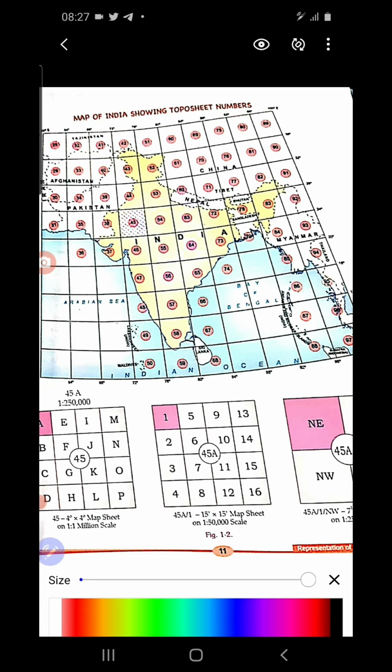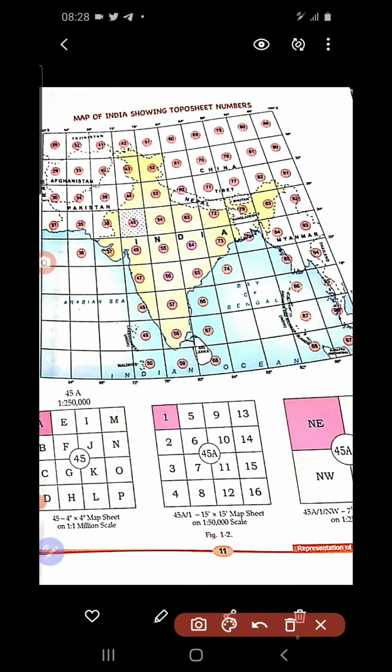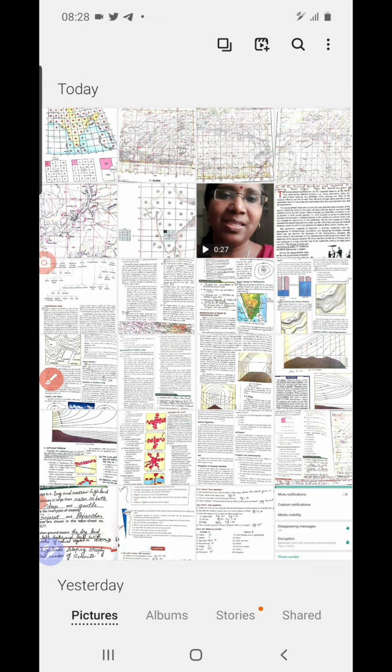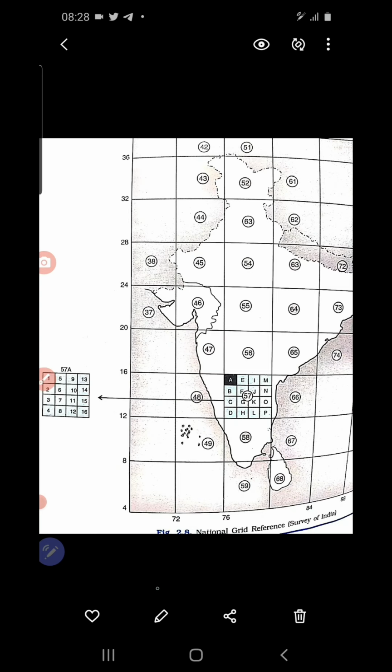You see here IAC, India and adjacent countries, India and its neighboring countries together, the numbering is given. So that is why there are more numbers here. But if you focus on only India and its landmass, you will get only 39 to 84 topo sheets.